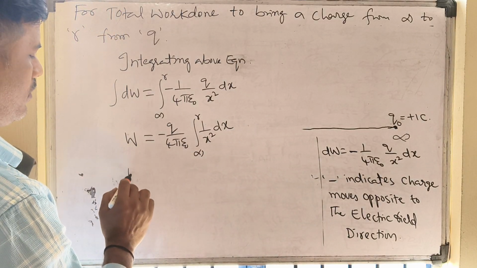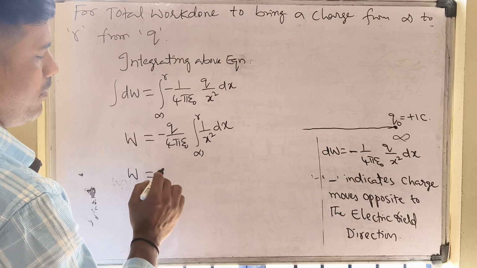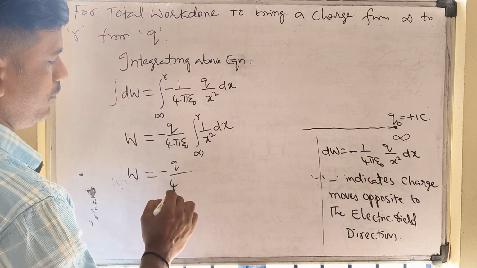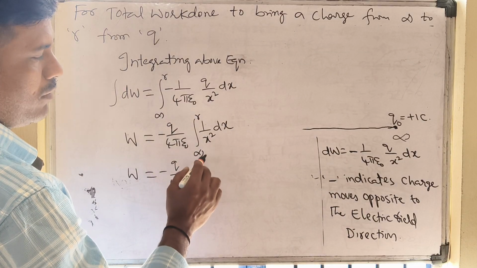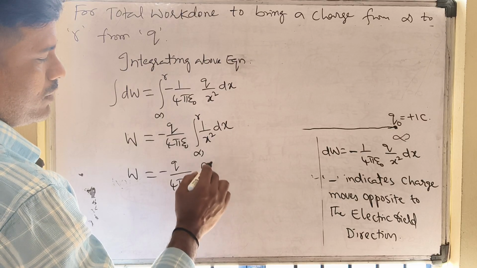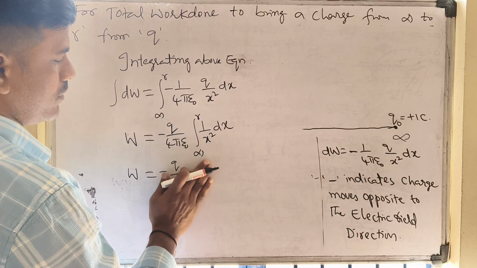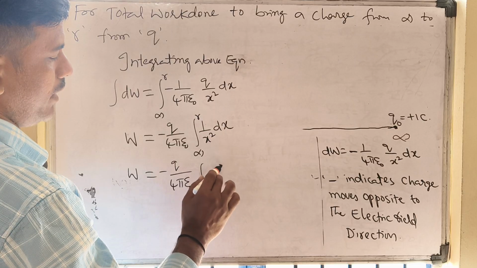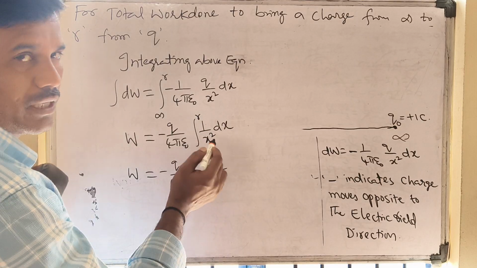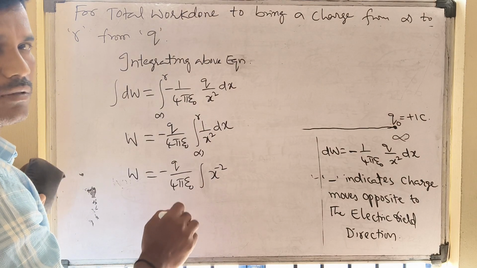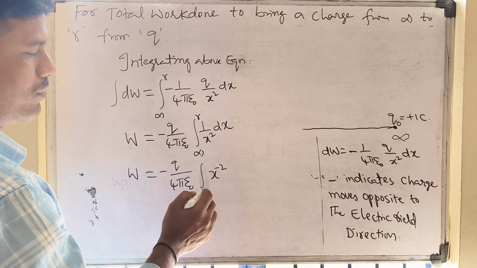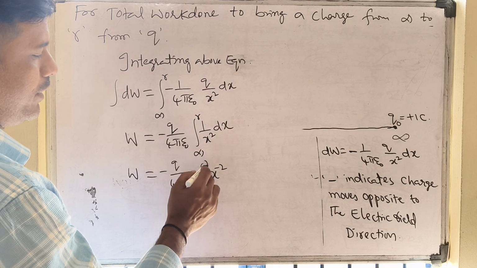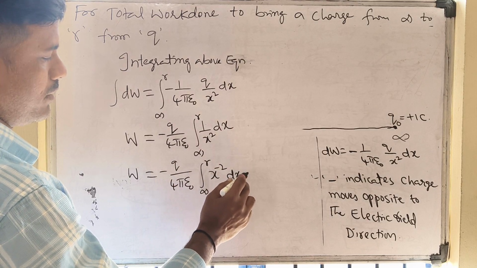Next, W is equal to minus q by 4 pi epsilon naught, integral of 1 by x square. The integration of 1 by x square is written as x power minus 2, right? Plus 2 in the denominator, converting to the numerator means minus 2 will come, with limits infinity to r into dx.